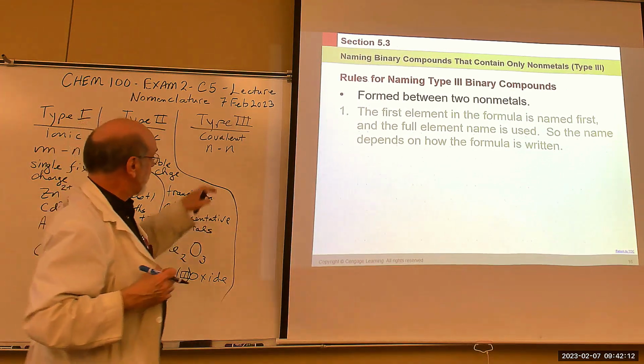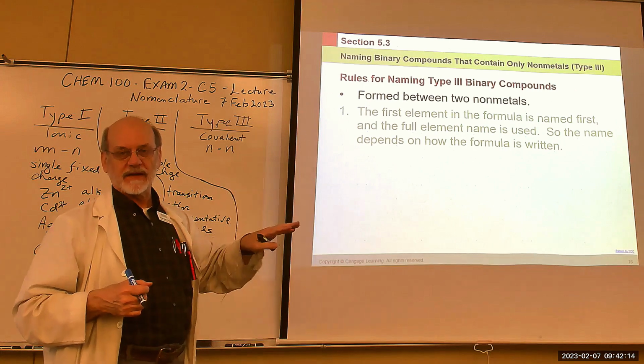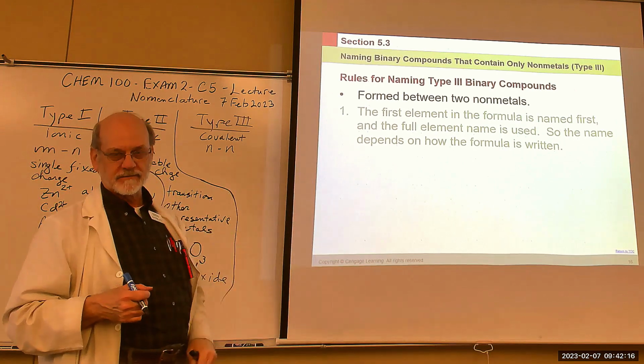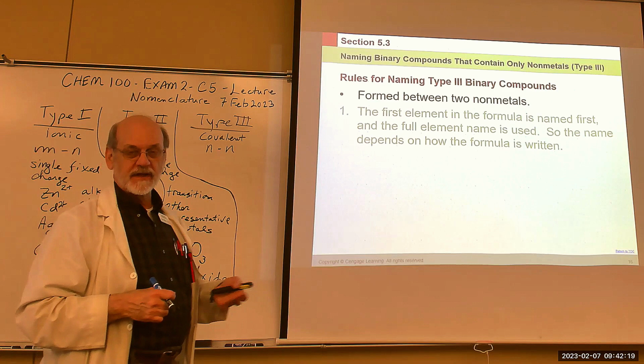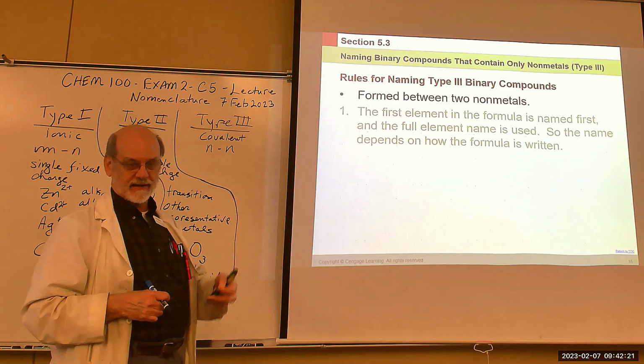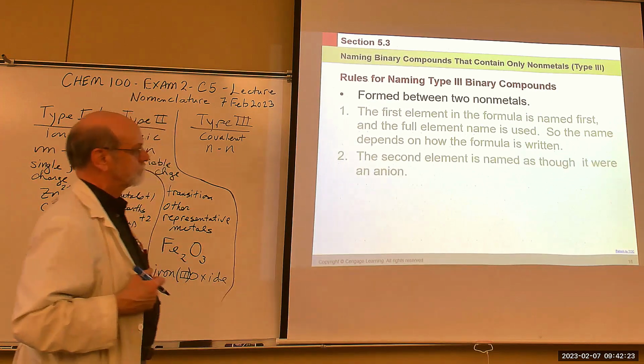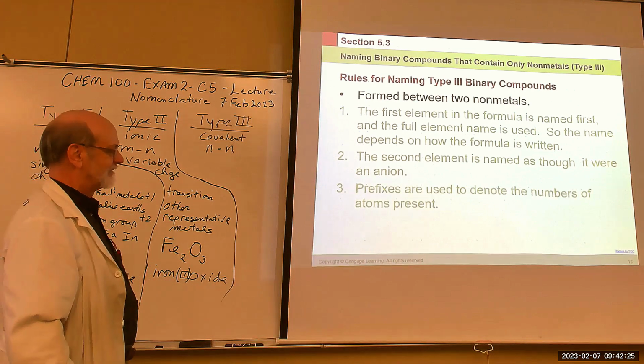And that being the case, we simply name it as if it were a metal. Just write the name of the element. And then the second element, we write with the IDE ending. Okay?